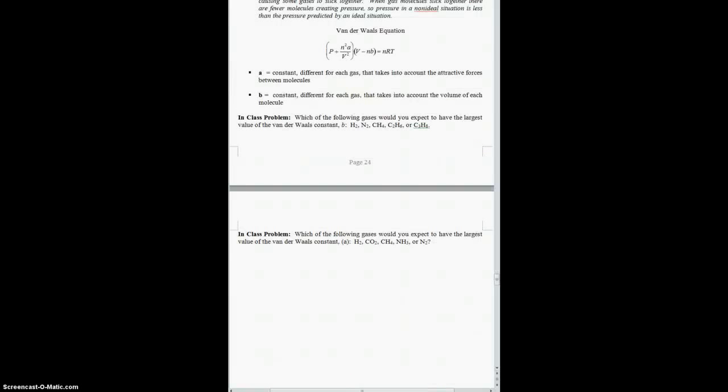So if you'll scroll down, van der Waals equation is what corrects for these discrepancies that can occur for real gases. So you'll notice that this still has the same appearance of our PV equals nRT equation, but there are these variables which are slightly different. Okay, so the first thing we're going to talk about is pressure.